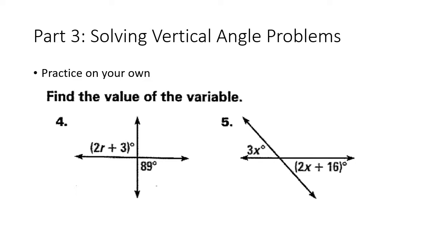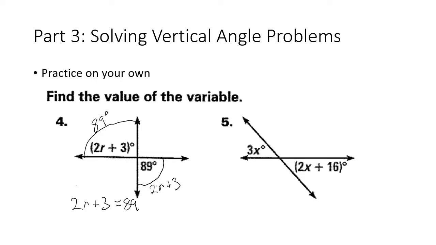Again, we have vertical angles going on, occurring where the measure of 2r plus 3 is vertical to the measure of 89. What that means is that this angle is also 89 degrees, and that this angle is also 2r plus 3. Effectively, those two angles are equivalent. So I can take 2r plus 3 and set it equal to 89.